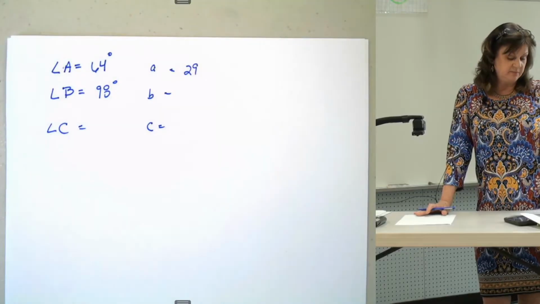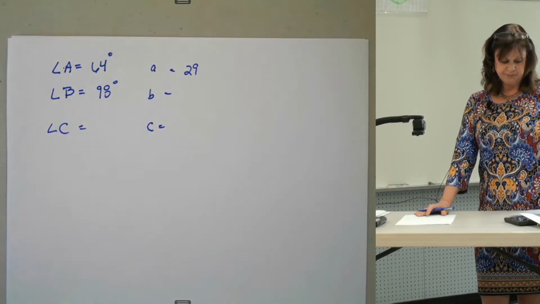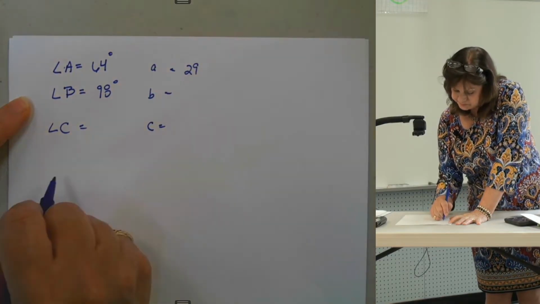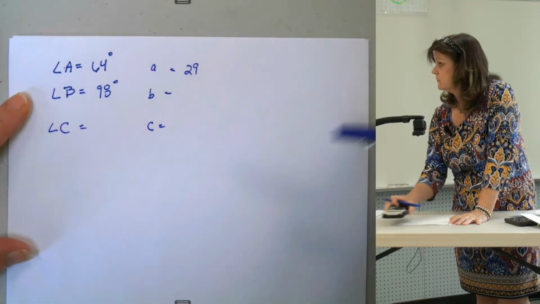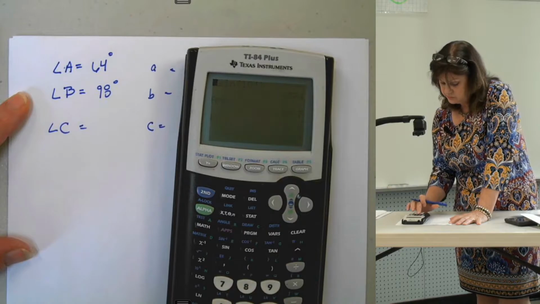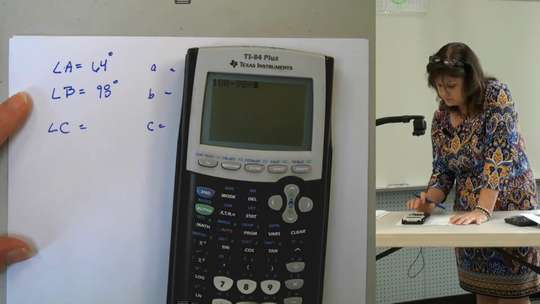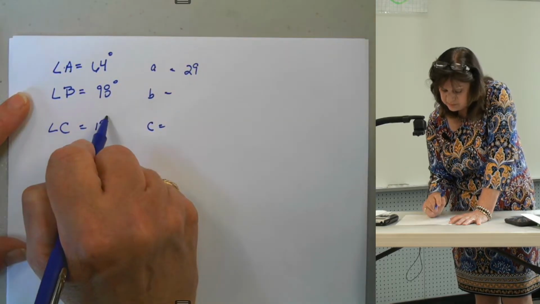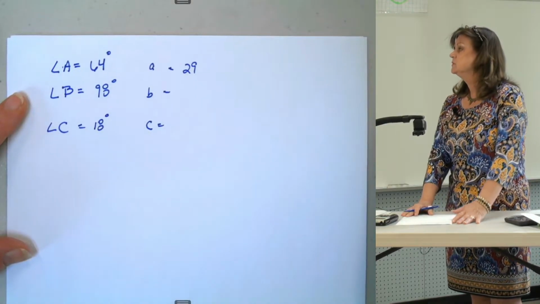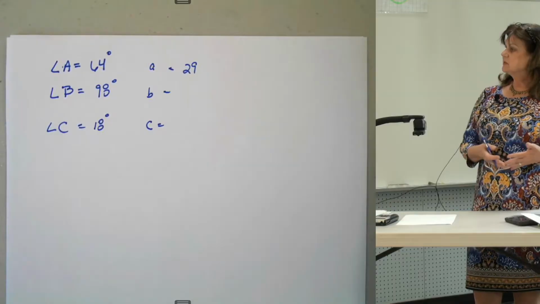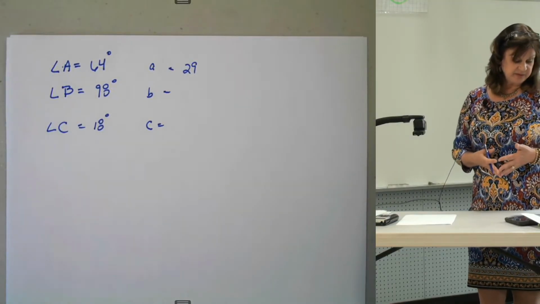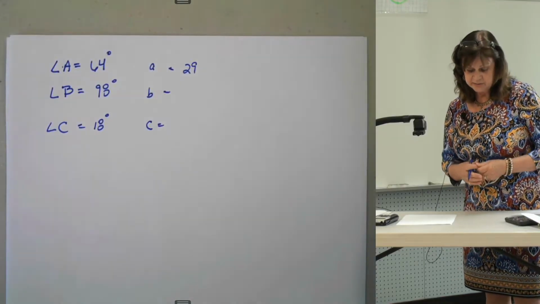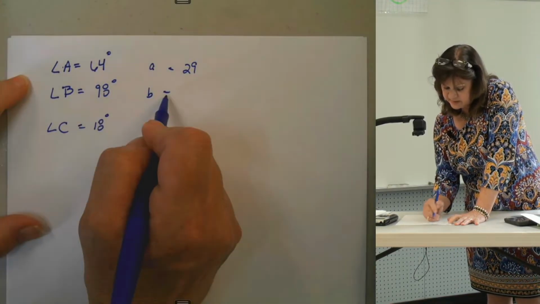Find the missing parts of the triangle. First of all, I can find angle C, 18 degrees. Which means side length B is going to be the longest length we have, and side length C is going to be the shortest length we have. But let's see if we can find side B.